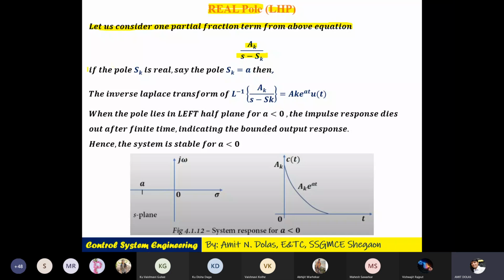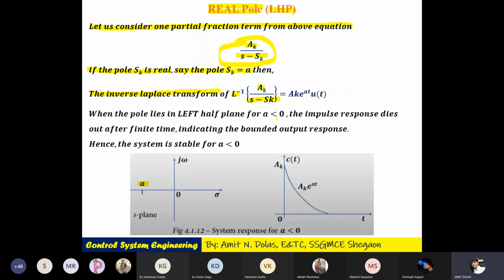If the pole sk is real, say sk is equal to a, then the inverse Laplace transform of this term, Laplace inverse of ak upon s minus sk, will be ak into e raised to power at into u of t.